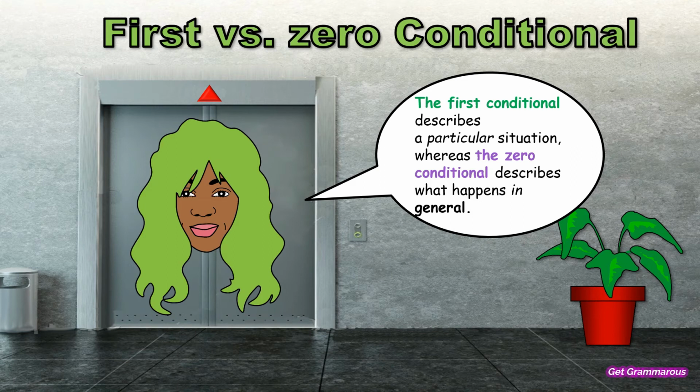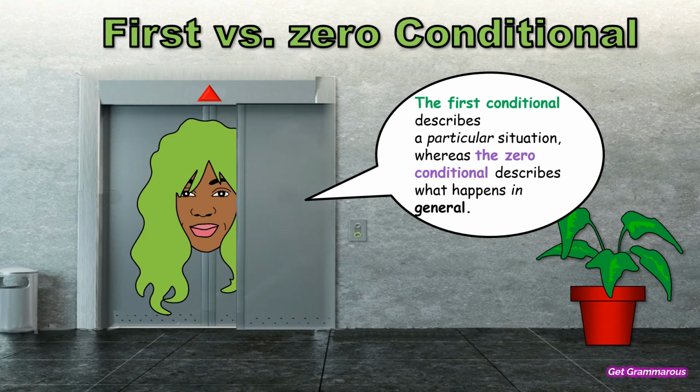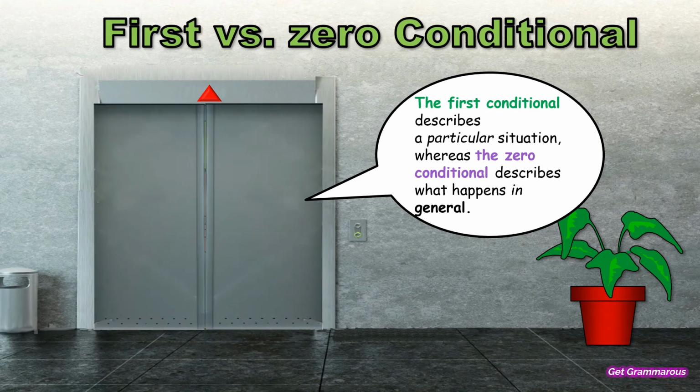What's the difference between the first conditional and the zero conditional? The first conditional describes a particular situation, whereas the zero conditional describes what happens in general. For example, zero conditional.